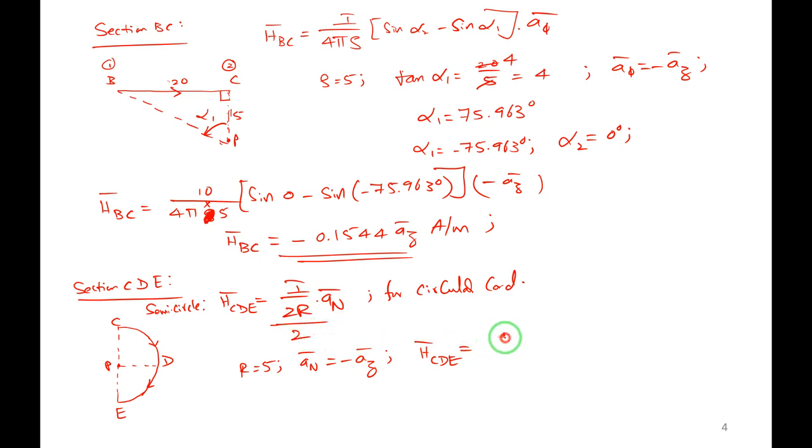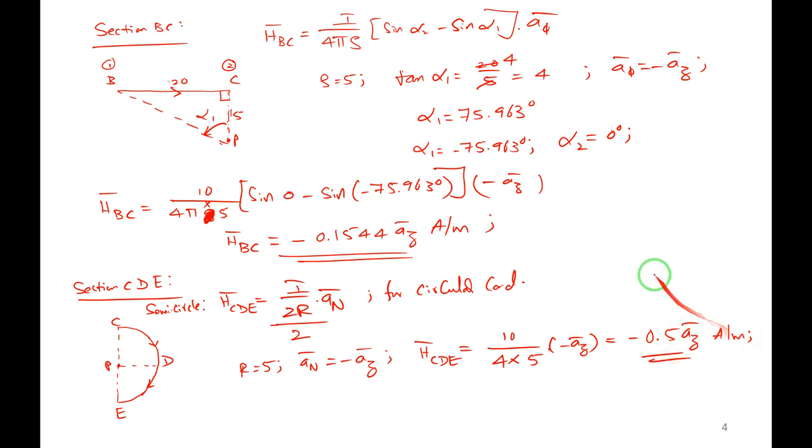What is I? I is 10 amps divided by 4 into R. R is how much? 5. So AN is nothing but minus AZ. So we will calculate this. 10 divided by 4 into 5 is 20, right? 10 by 20. So it is 0.5, minus sign is there, minus 0.5 AZ ampere meter.